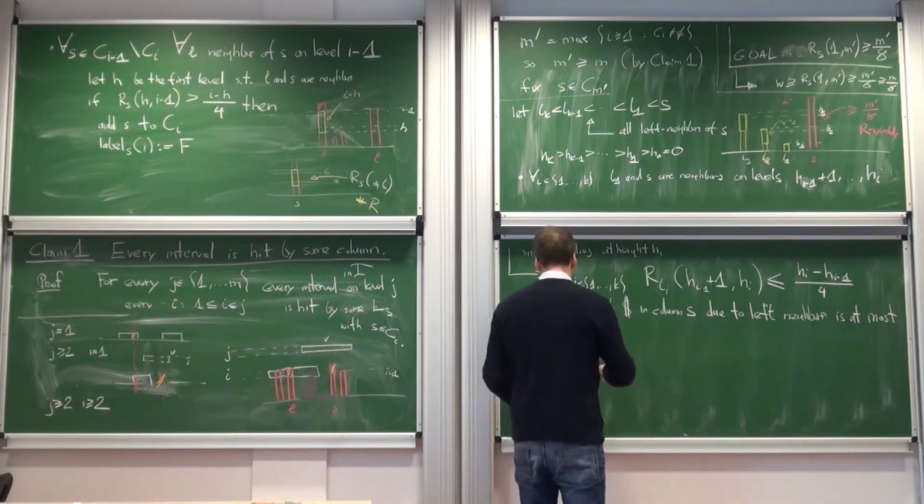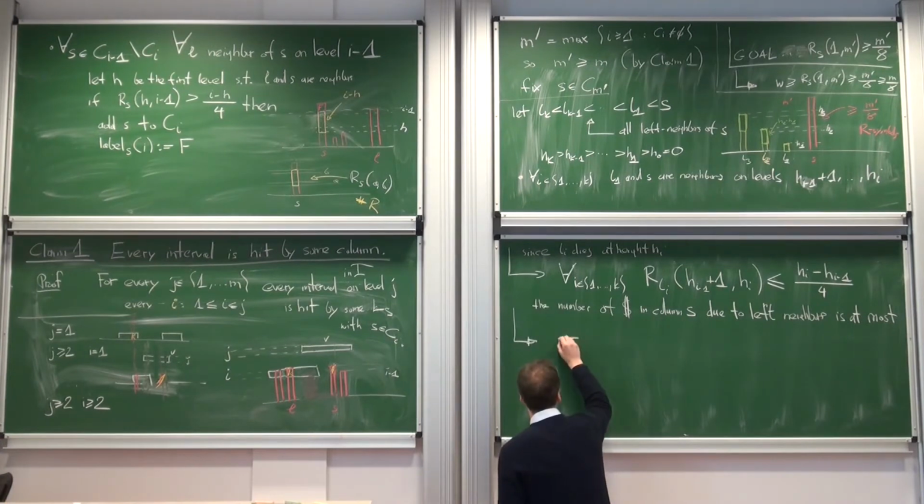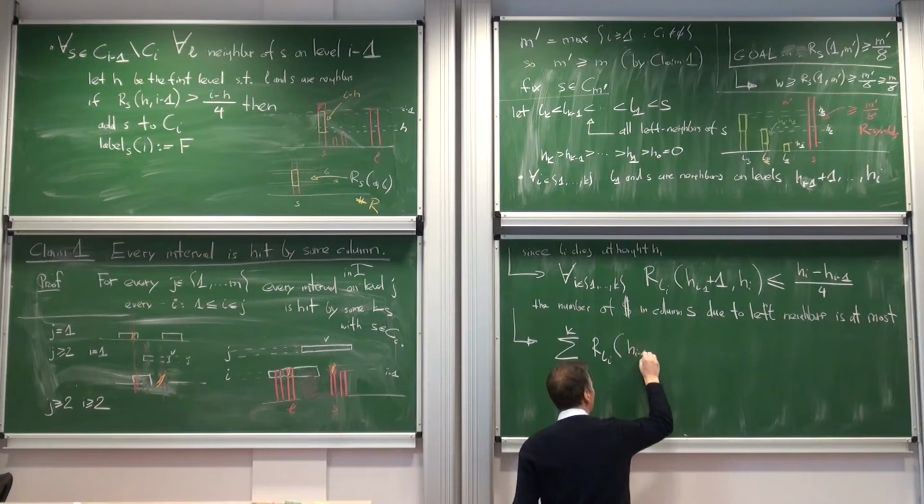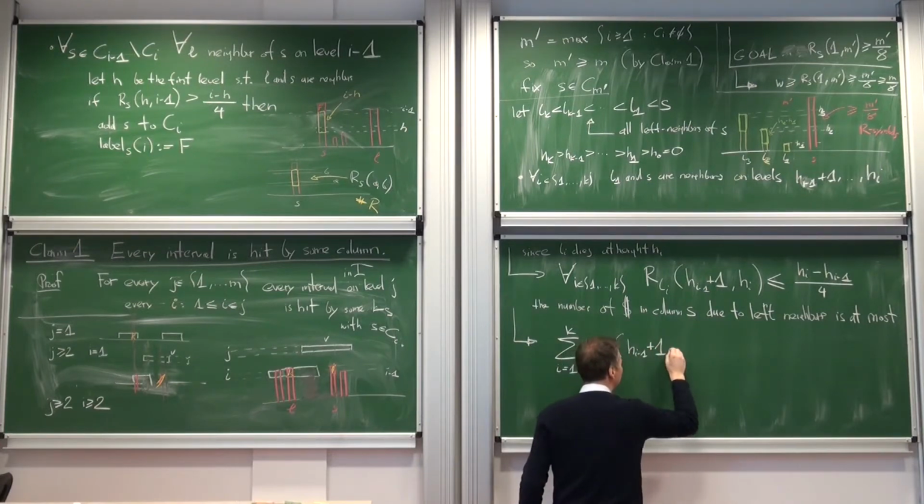So it's at most the sum over the neighbors, from 1 to k, of the number of r's in the respective neighbors on the segments that they are actually neighboring with S.